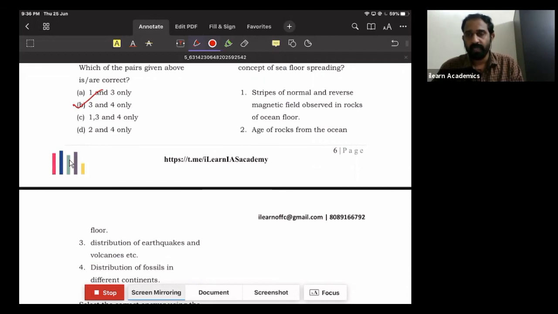So immediately after rocks or molten lava reach the surfaces, there will be magnetic materials in the molten lava, and before the solidification, these magnetic materials will get aligned themselves with respect to Earth's magnetic field. So Earth magnetic field, we know it will change or reverse after few thousand years or few hundred years. So this will affect the orientation of the magnetic materials in the rocks. So obviously this will be the option.